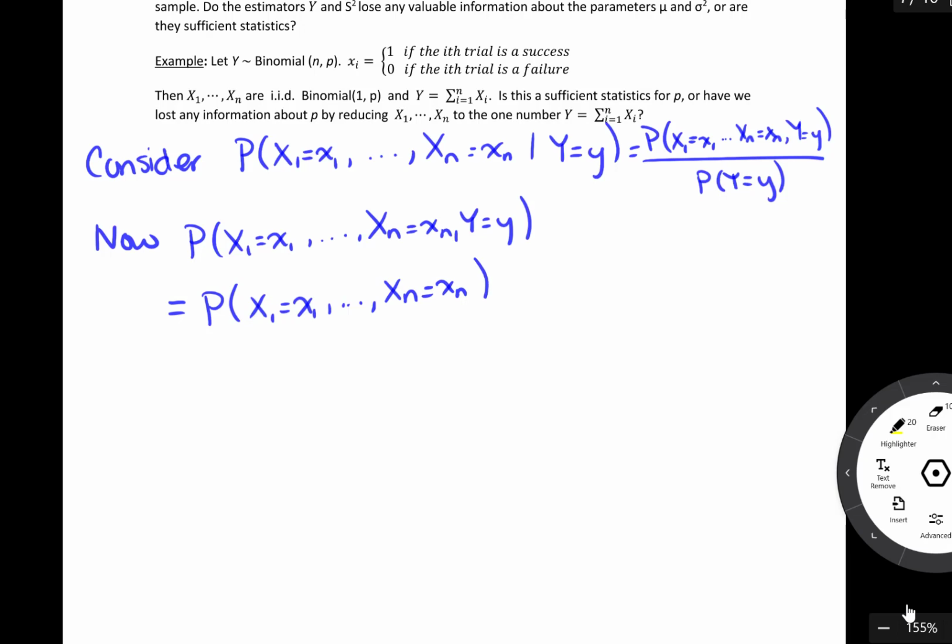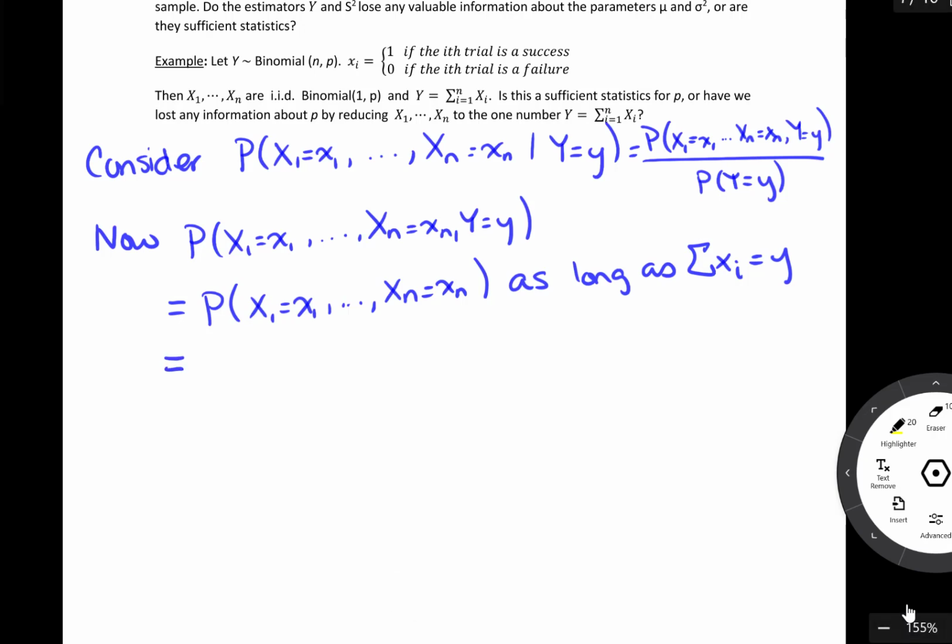In other words, we can drop the y equals y, as long as the sum of the xi's is equal to little y. In other words, we haven't lost any information there. If I know what all the little x's are, I know what y is. So these two probability statements are the same.